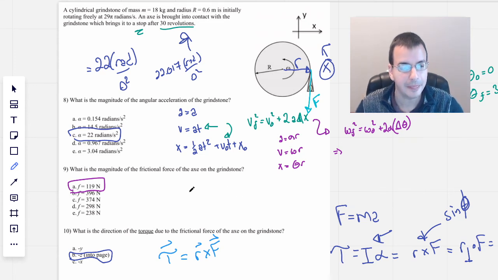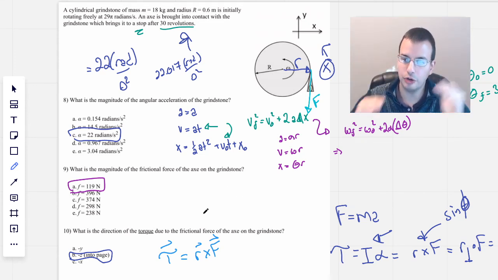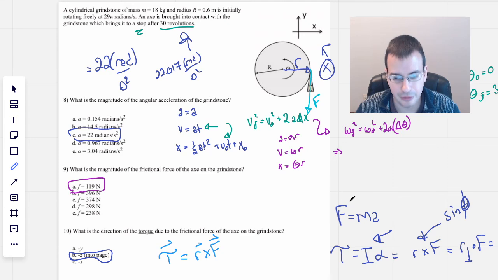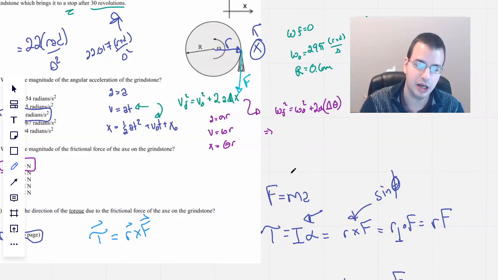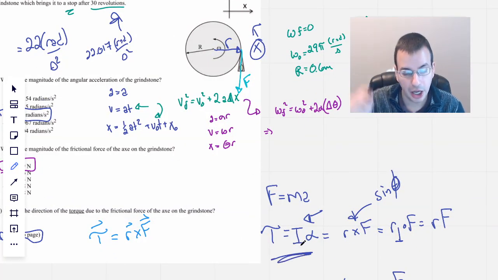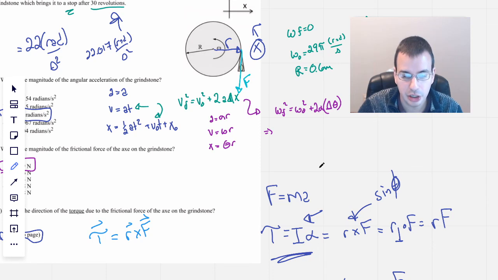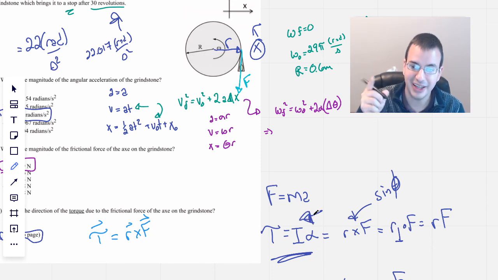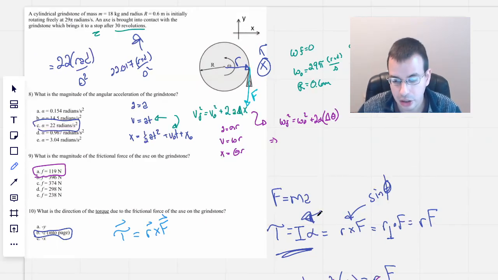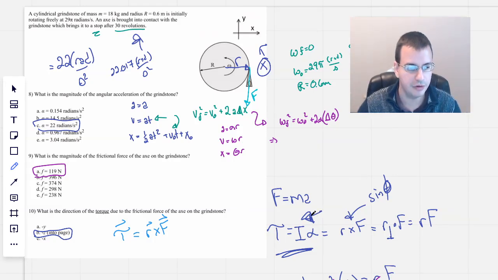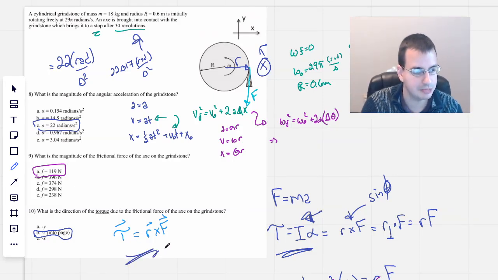We then relate torque and force, and we also use the angular version of force equals mass times acceleration, which is torque equals moment of inertia times angular acceleration. We need to find the moment of inertia of a disk, 1/2 mr squared. Plug that in, solve.